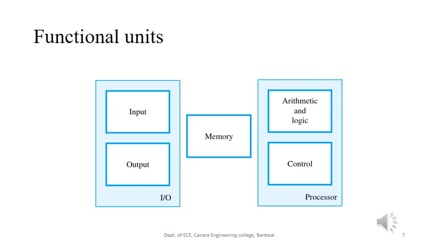I said in the previous slide as well that the control unit performs the task of giving commands to the various other units. Now these commands are nothing but the instructions that are written in a proper flow. This set of instructions is called a program. The program is nothing but the set of instructions.